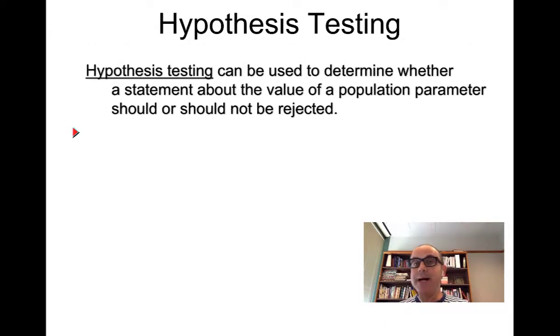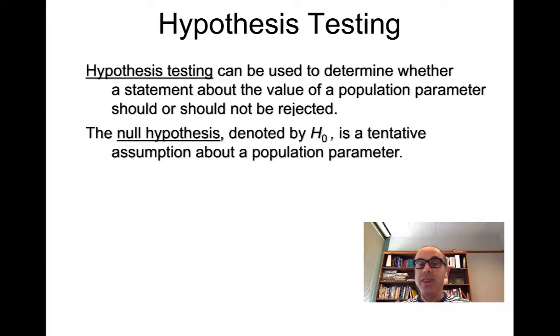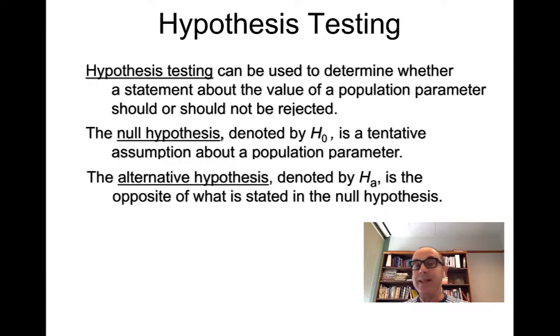When we are talking about hypothesis testing, we are trying to determine whether a statement about the value of the population should or should not be rejected. So the idea here is that we have two types. One is the null hypothesis, which is a tentative assumption about the population, and the other is the alternative hypothesis, which is the opposite of the null hypothesis.